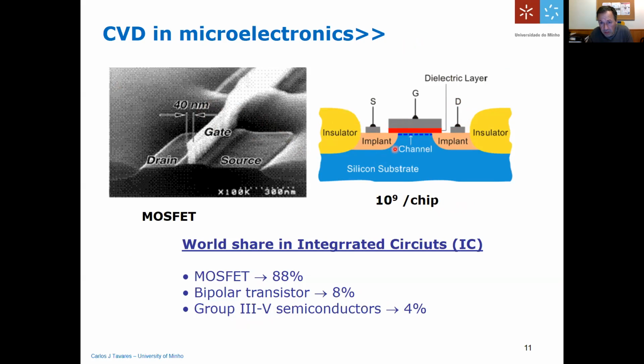where you will see that you have different types of materials. You need first the substrate where you're going to put your MOSFET device. Then you have to make by CVD the deposition of the implant, the electric materials, the insulating oxides, for example, silicon oxide. And then you have to put your dielectric material, which is the active part of this MOSFET. And on top, you have to put the electrodes.